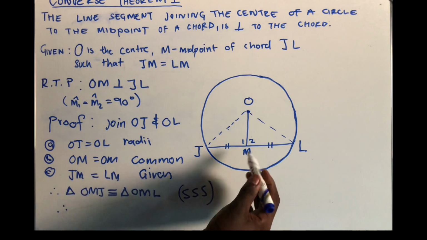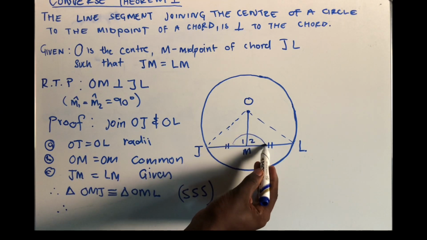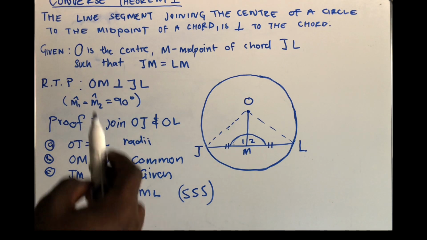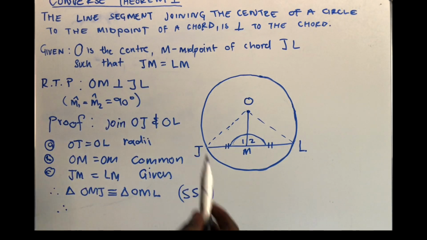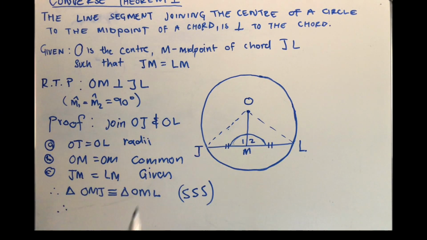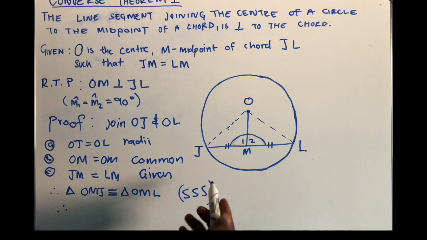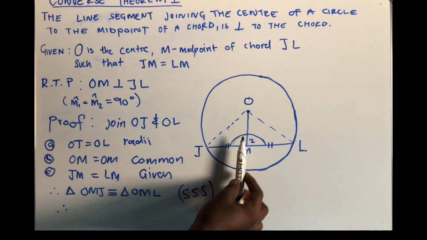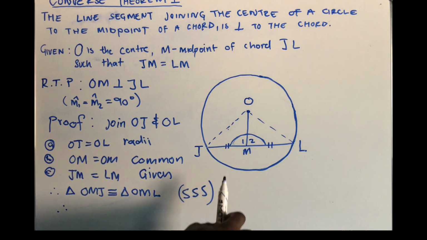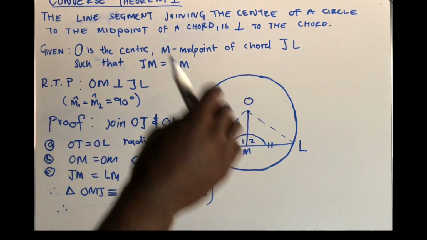But now these two angles are on a straight line. The only way angles on a straight line can be equal, and when you add them, they give you 180, is when each of them is 90. So that's the only way that when angles are on a straight line and they are equal, and when you add them, they give you 180.